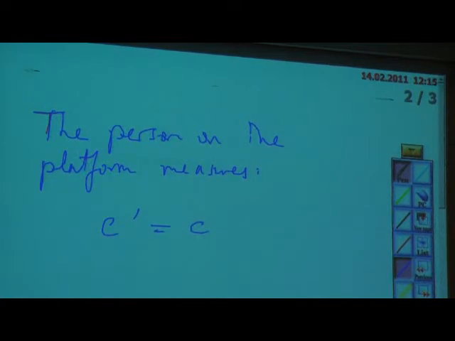The person on the platform, instead of measuring c plus v2, measures the same c.